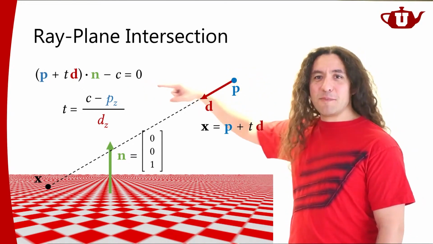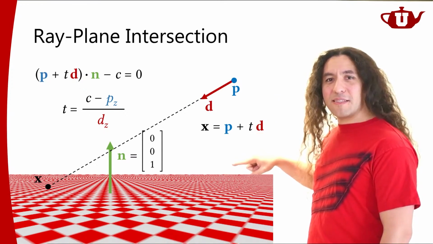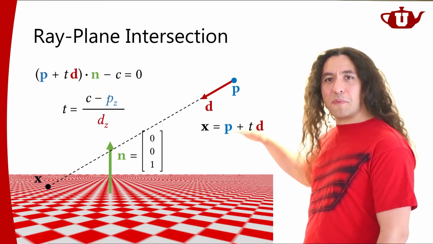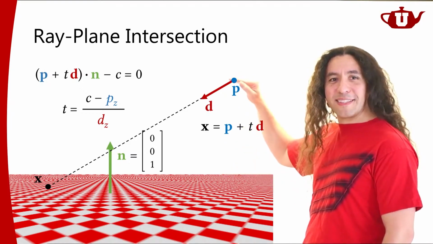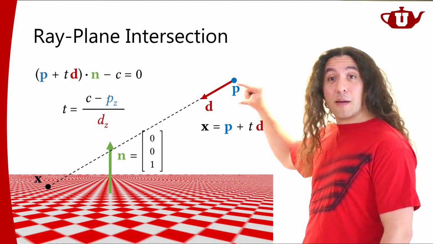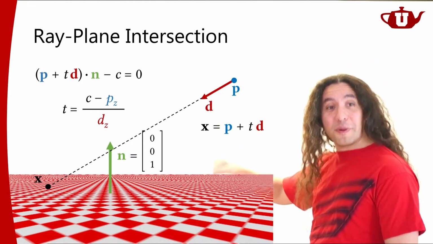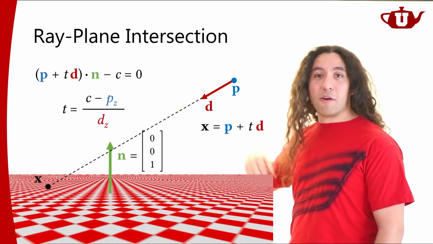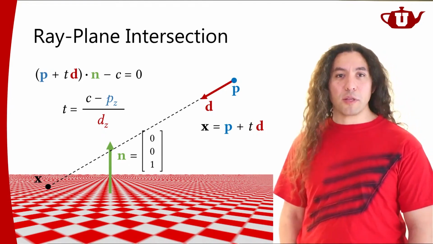And c minus pz is going to give me where this plane is in the z coordinate and where this point is, and the difference between the two is going to give me this length. So this whole length divided by this length is going to tell me how many times of this length I need to go until I go from this point all the way down to the plane, right? So I'm just dividing it by that magnitude, and of course that's going to give me the t value. So that's the geometric interpretation of what's going on here.